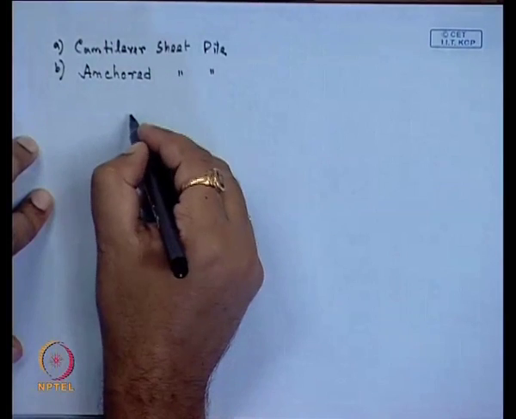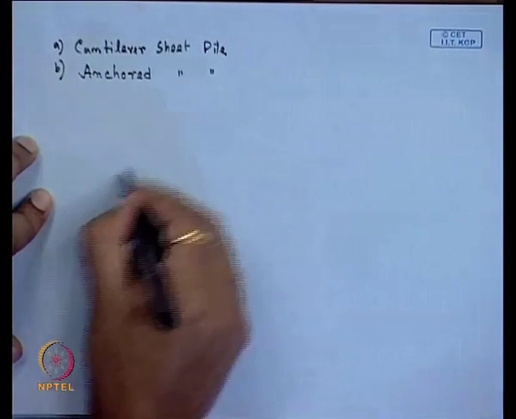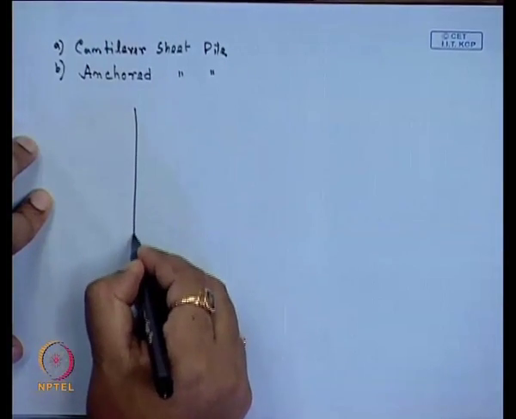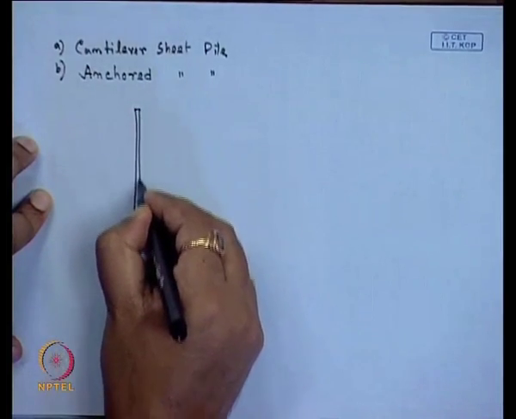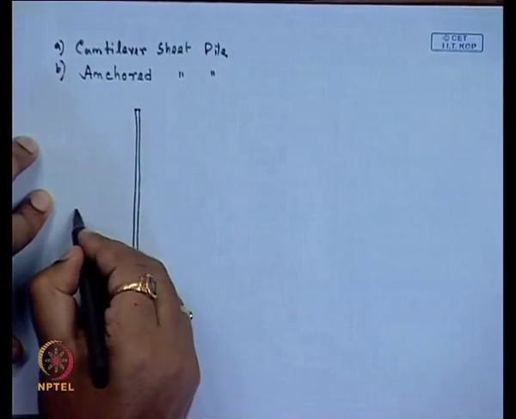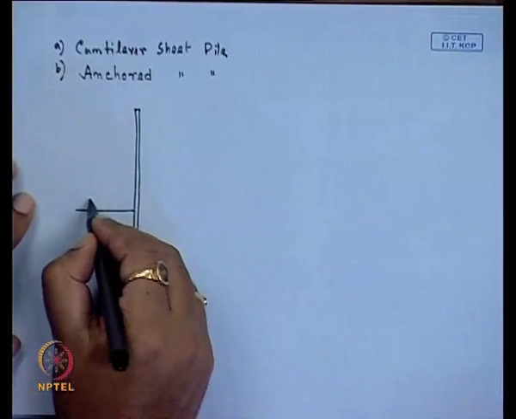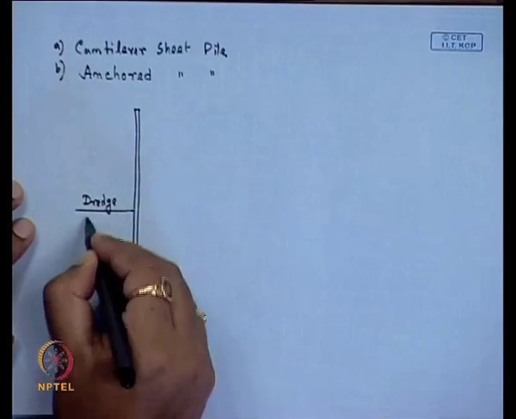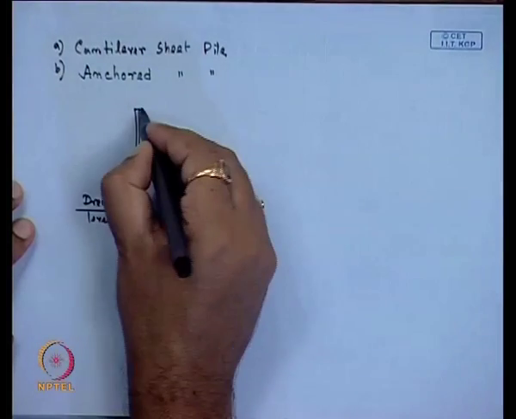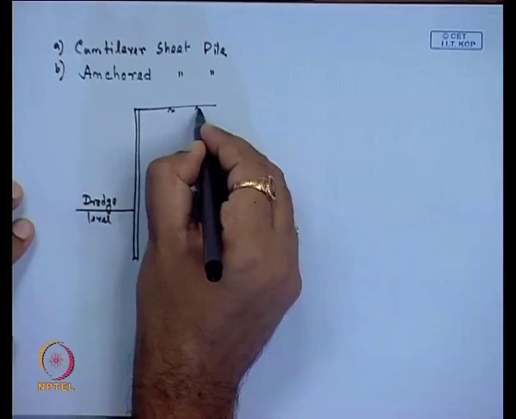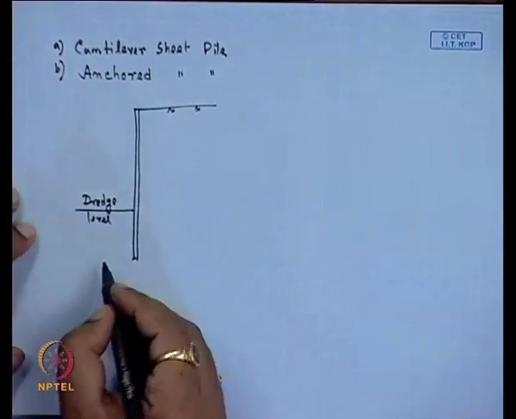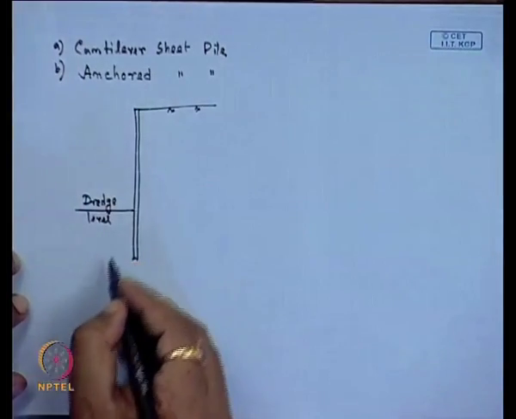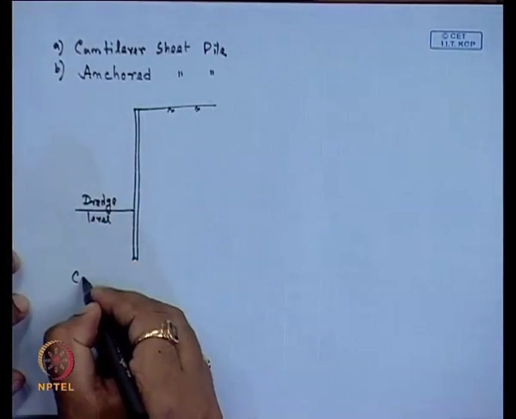So, this may be one type of cantilever sheet pile. Suppose this is the sheet pile structure, this is the dredge level, and this is the foundation, or the existing ground level. So, we can call this our cantilever sheet pile.